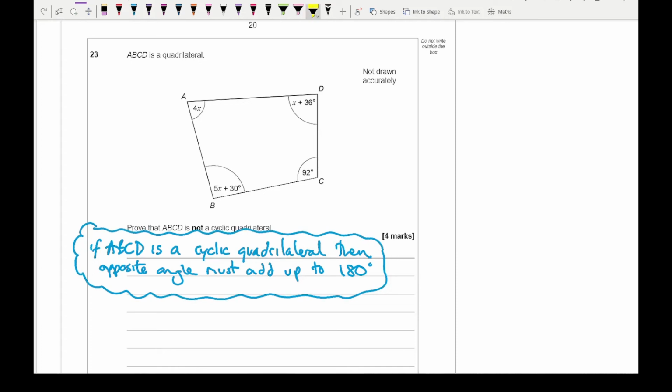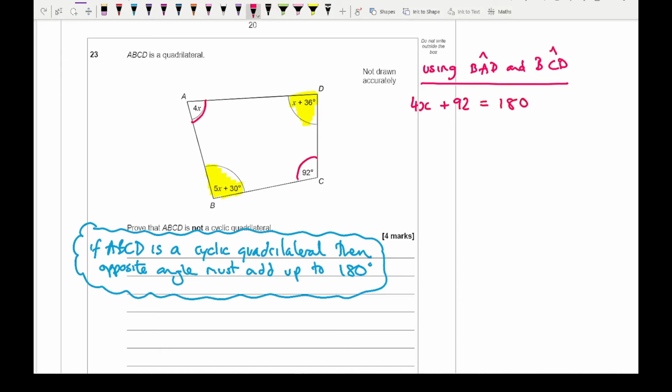So looking at the opposite angles, I need to know that this angle here plus this angle here adds up to 180, and this angle here plus this angle here must add up to 180. So using BAD and BCD, those two angles must add to 180, so 4x plus 92 equals 180.